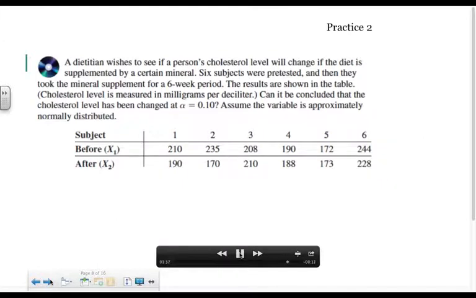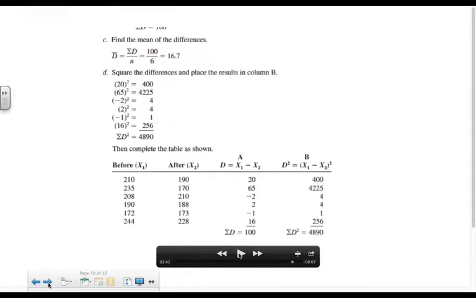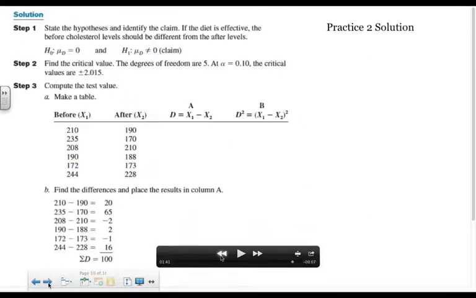All right, practice 2. Go ahead, read the practice problem and try it. I'm not going to go over this in detail because it's, again, graphing calculator work, but let's look at the solution. You notice the work that's involved in all of this. Let's go back to the hypothesis a minute.